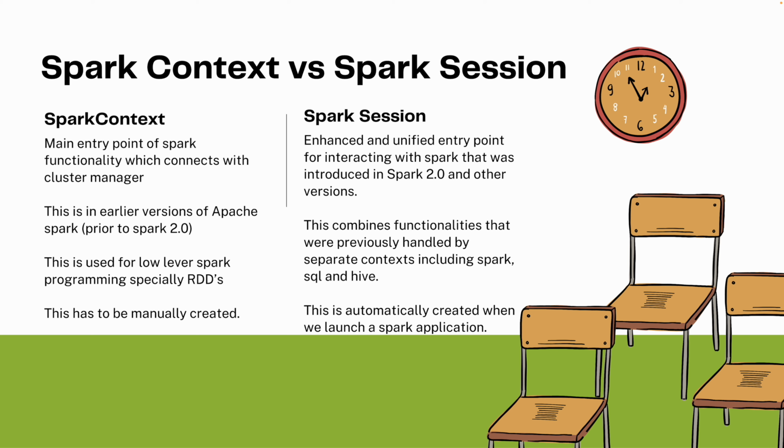Whereas Spark session is automatically created when we launch a Spark application. So that's the improved version over Spark context. And Spark session also has access to Spark context because it combines the functionalities which were previously handled by separate contexts, one of them being Spark SQL or Hive, right?